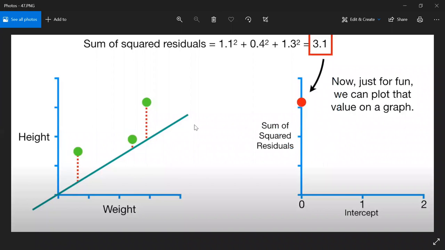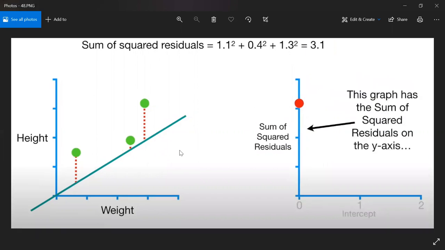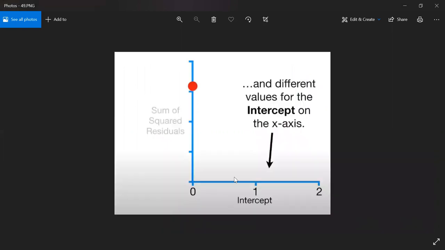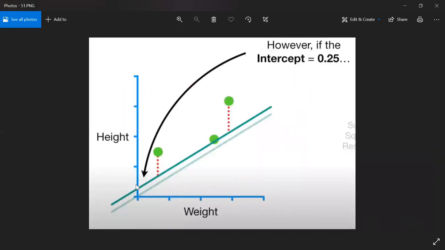Let's understand this. If I increase the intercept from 0 to 0.25, okay, this is the regression line. Now I have to check the residual for all 3 data points, right? Guys, are you clear or not, everyone? Yes, Pratyush, I hope you understand now.